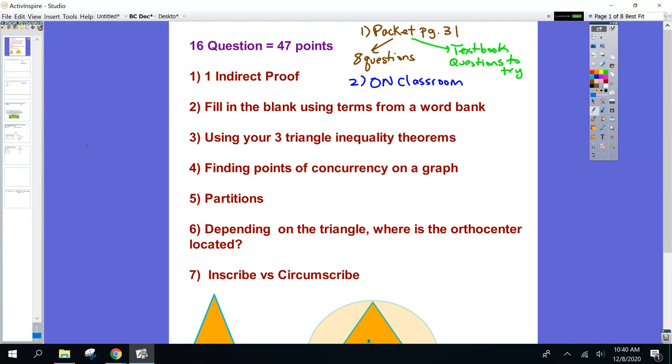As far as the 3 triangle inequality ones, yep. I can remember the one about an exterior angle being greater than either of the 2 remote interior angles. What are the other 2? Yep. Let's just go over all 3 right now.